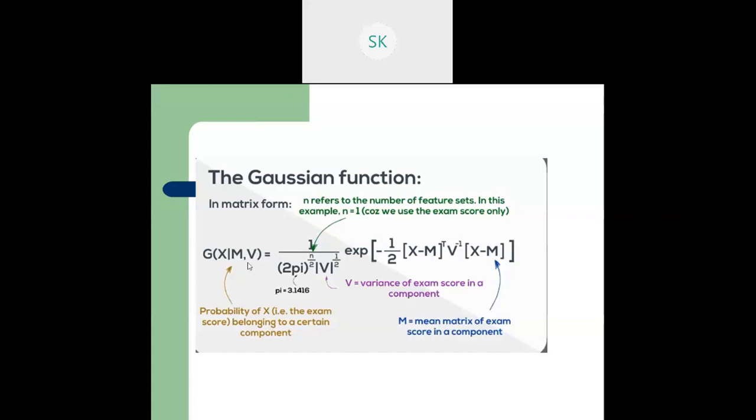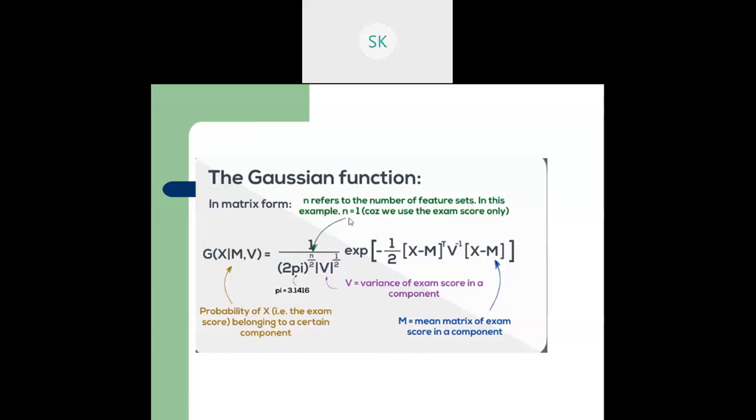Given that mean and variance, this data score is equal to 1 by 2 pi raised to n by 2, so we can say the square root, and the square root of the determinant of v as well. In this portion, 1 divided by 2 pi raised to n by 2, n refers to the number of feature sets.